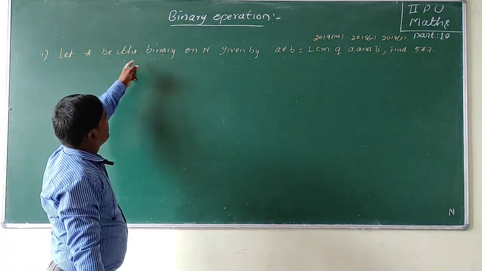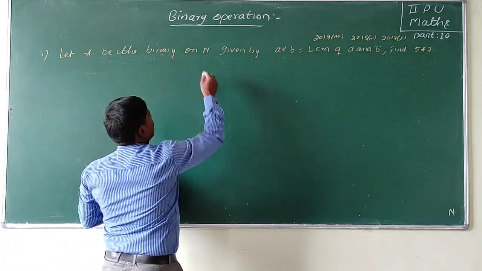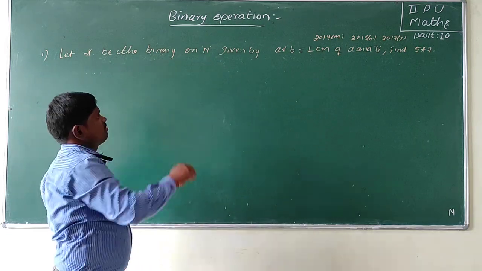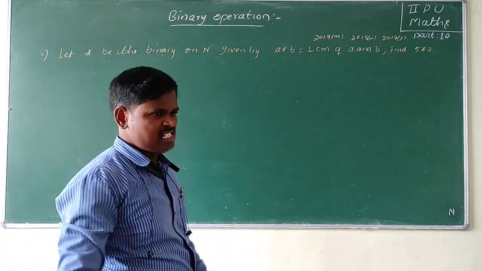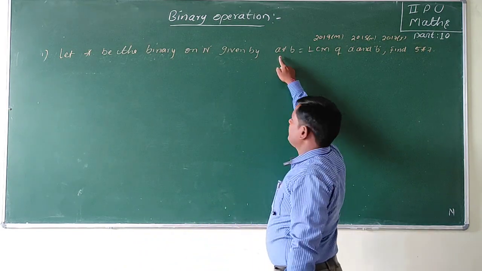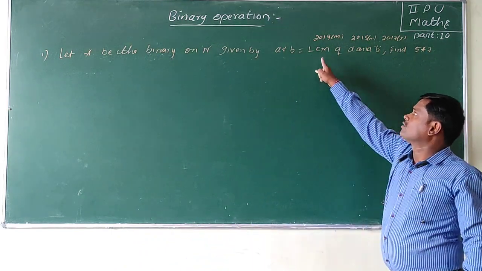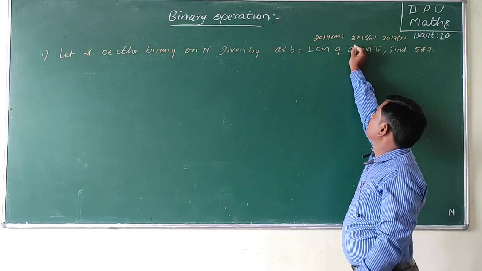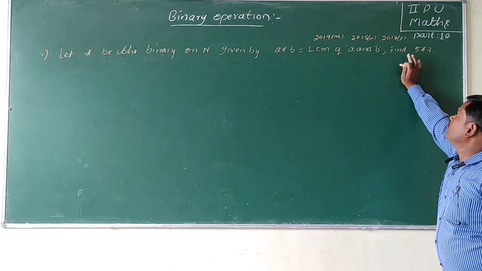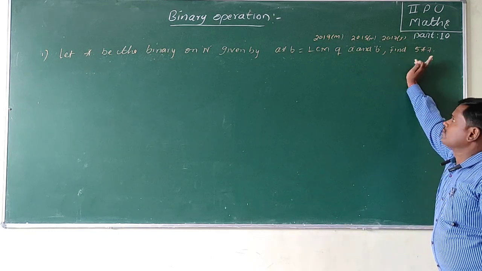Let star be the binary operation on N. Here star is already declared to be a binary operation, defined like this: A star B is equal to LCM of A and B. Then find 5 star 7.